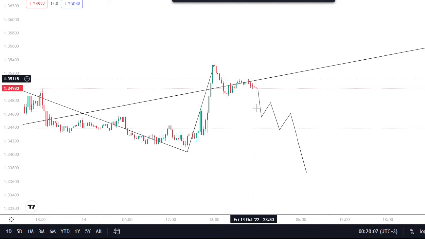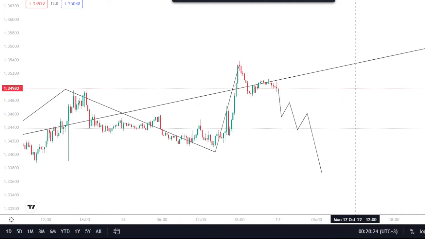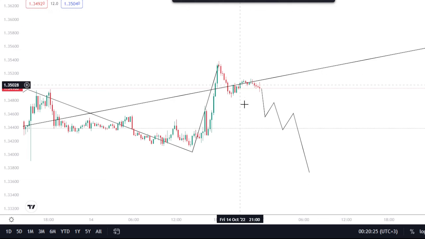Okay, so let me try to explain it slowly. What I'm saying now doesn't mean that if the market is going upside or in an uptrend, it's just going to get to this point and start to shift or move to this high time frame. No, this is not what the market is supposed to do.